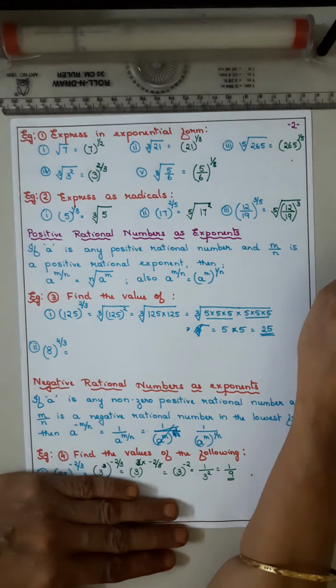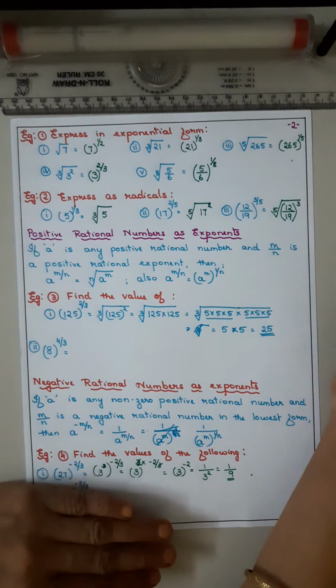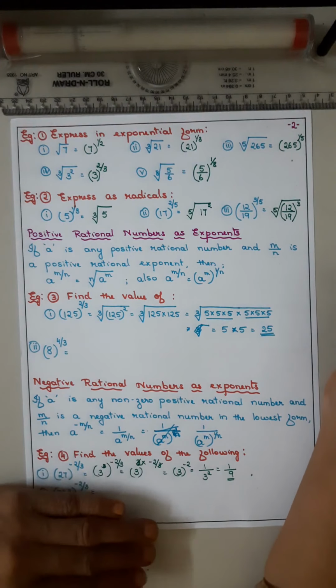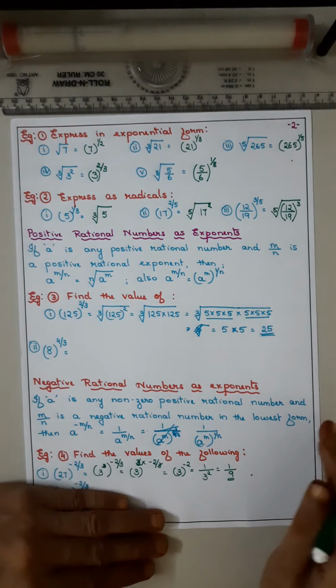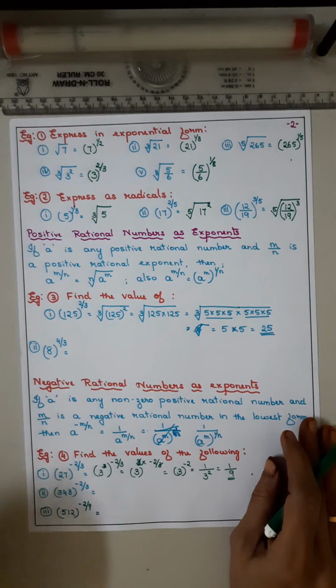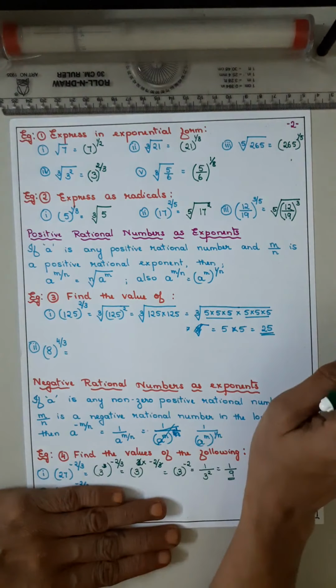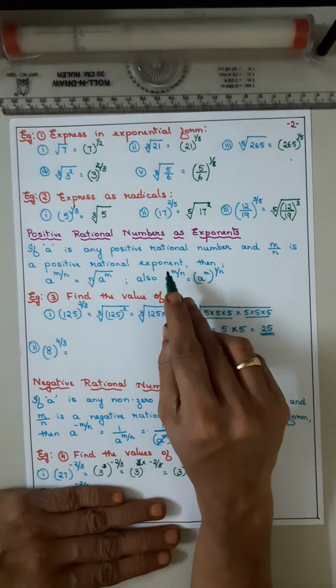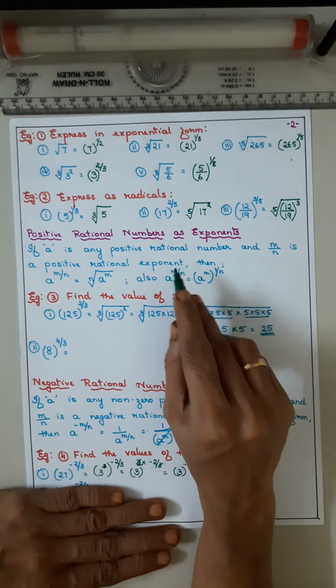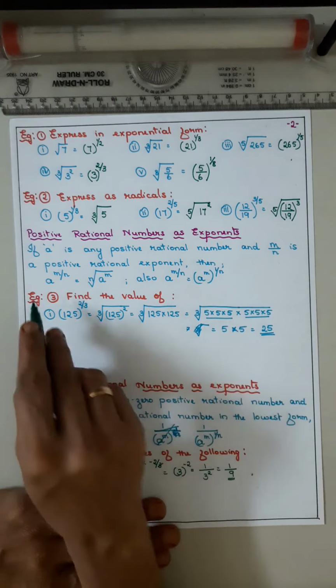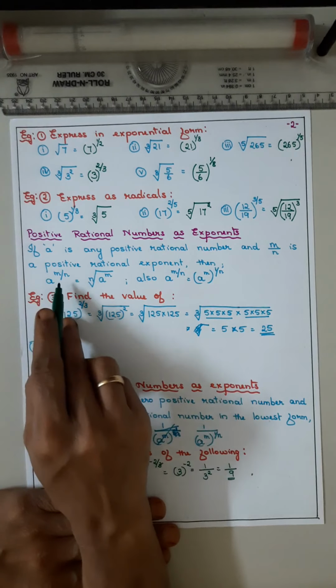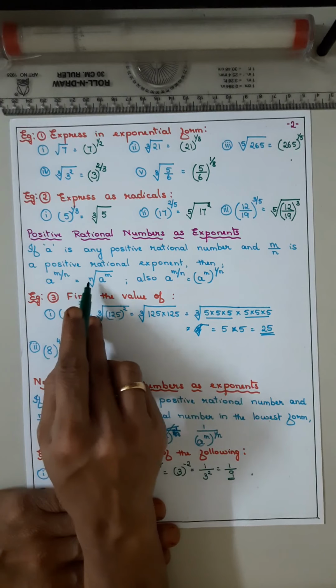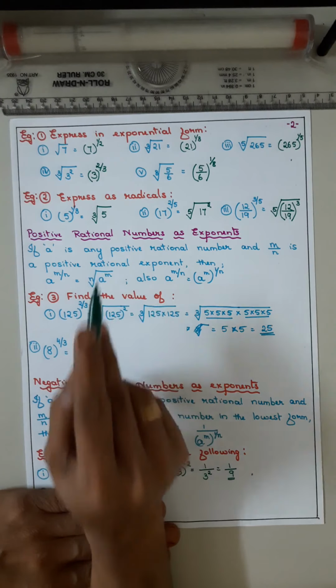Is it clear? Now coming to positive rational numbers as exponents. If a is any positive rational number and m by n is a positive rational exponent, exponent means power, then a to the power m by n is equal to the nth root of a to the power m.